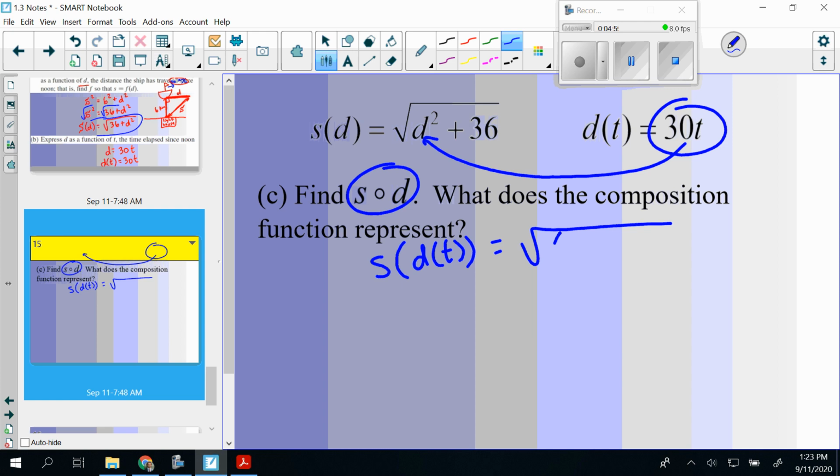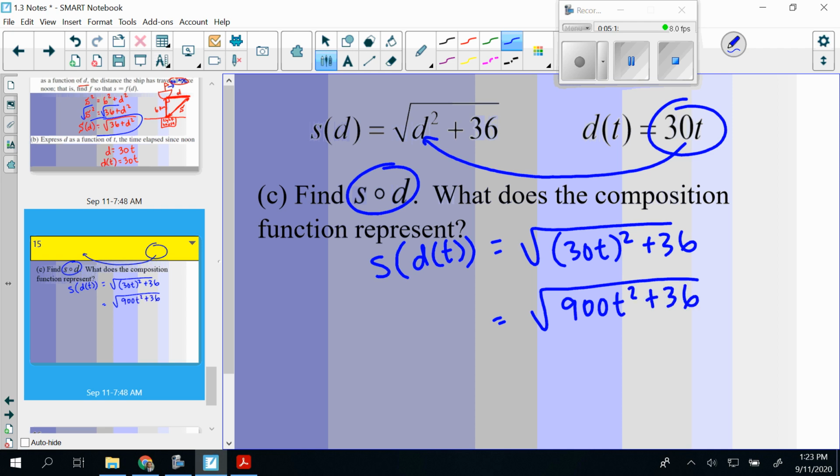So that would be the square root of 30t squared plus 36. Our composition will end up being, if we square both of those things, 30 squared is 900, so the square root of 900t squared plus 36.